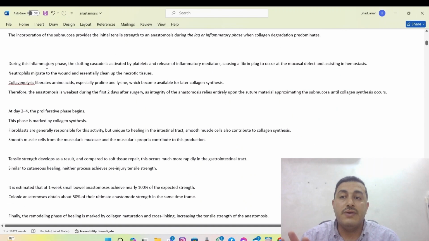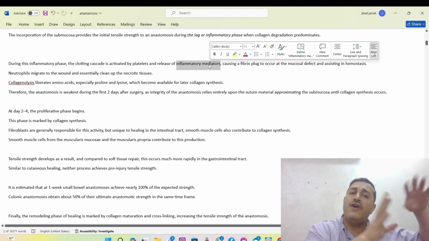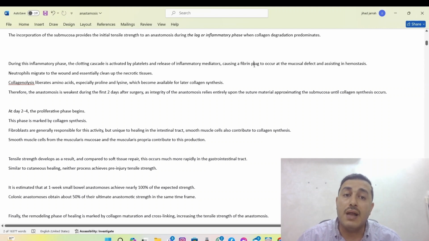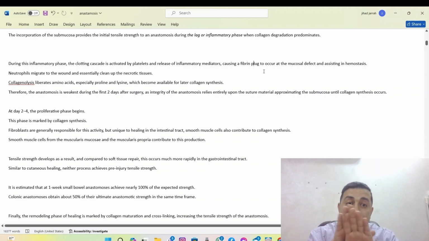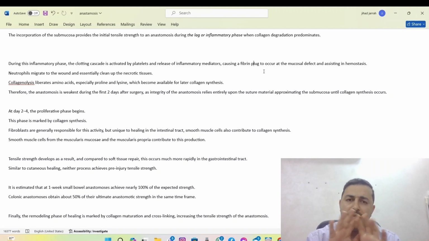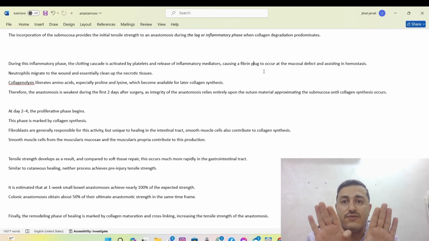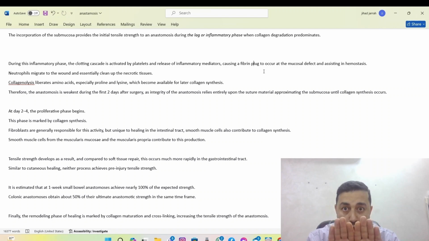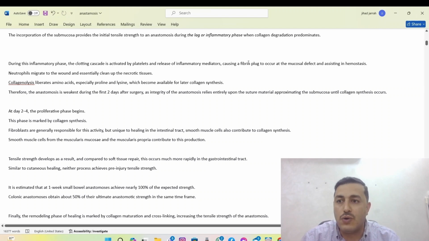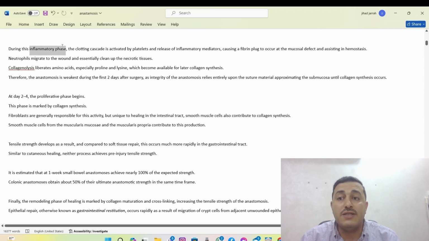Similar to the other tissues, we have platelets that activate the inflammatory mediators, which finally cause the fibrin plug and close the mucosal defect. Some surgeons say there is no need to close the mucosa, but we will see that it's important to appose or approximate the mucosa.